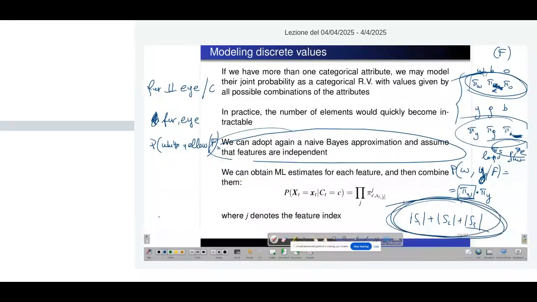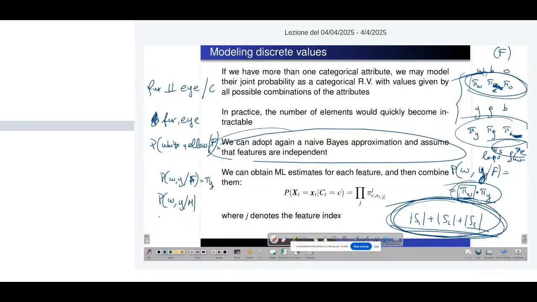So we can now fit independently the parameters pi to each feature component for each class, and then we just need to multiply the corresponding parameters for the combination of features that we have for our test sample. For example, if we have a white cat with yellow eyes, it will be the probability of white, yellow given female, and then I will need to compute the probability of white, yellow given male.